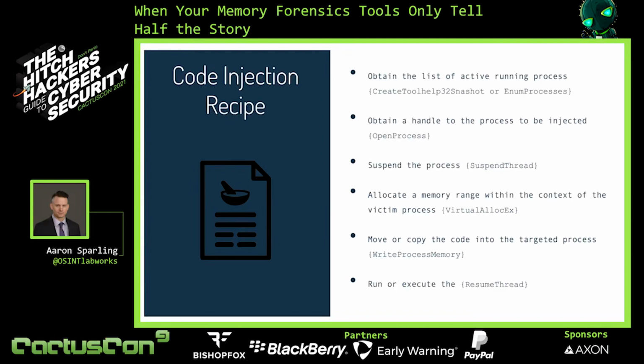The next thing we want to do is open a handle to notepad.exe and then suspend that process, suspend notepad.exe, so that we can then allocate some of its memory and change the permissions, something like page execute read write. This will allow us to then write or move our malicious code into that newly allocated memory range, be able to execute and write code within that memory range, and then resume a thread or re-execute the program.